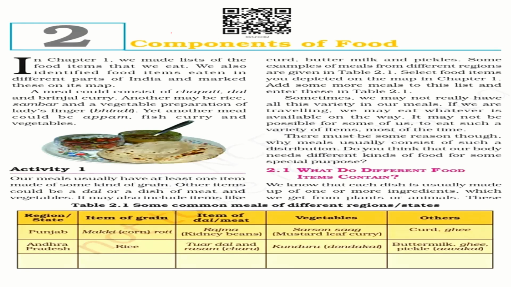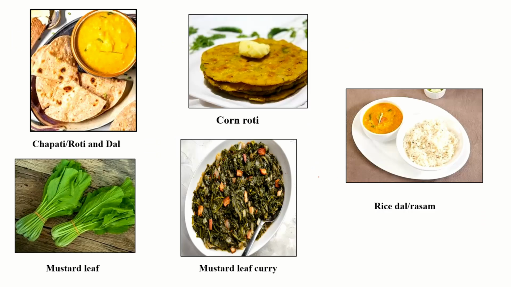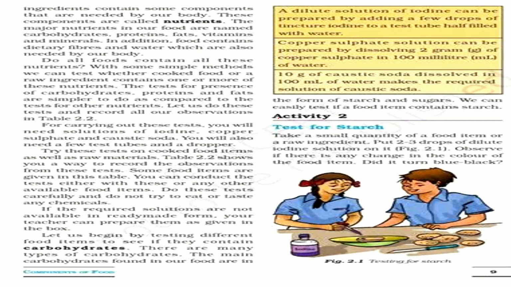Components of food. We have started chapter 2. In that, we have learned what the different items contained in food are, and which food items contain carbohydrates, proteins, minerals, vitamins and other things. We have gone through the test for starch, which is a carbohydrate, and these are the nutrients which we need for our body.